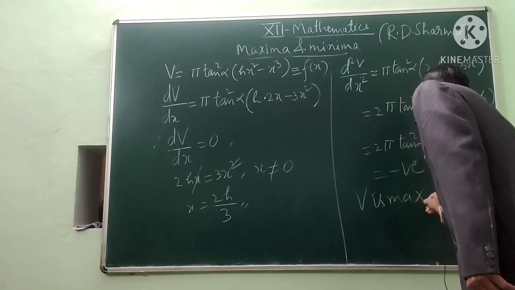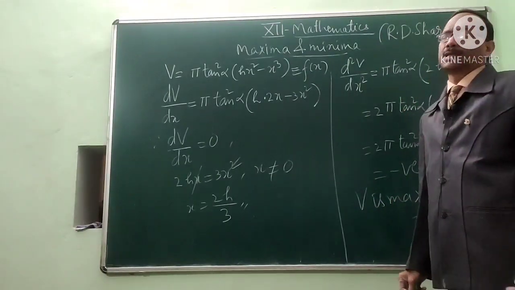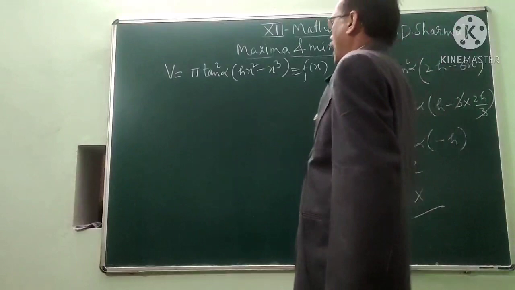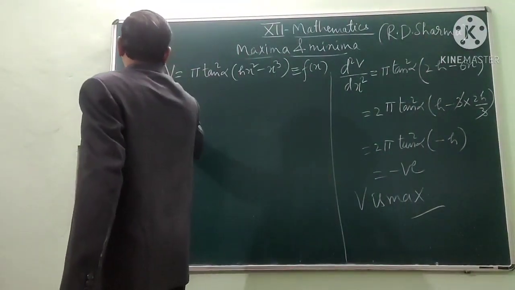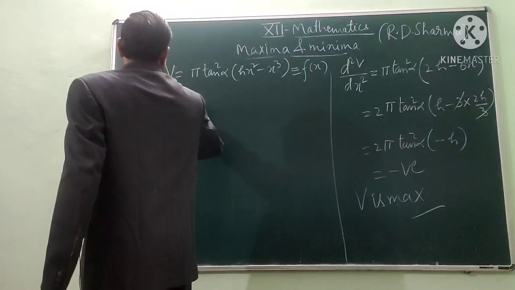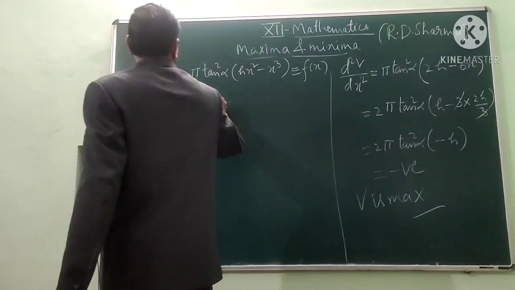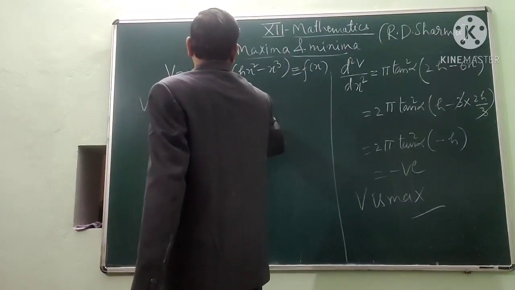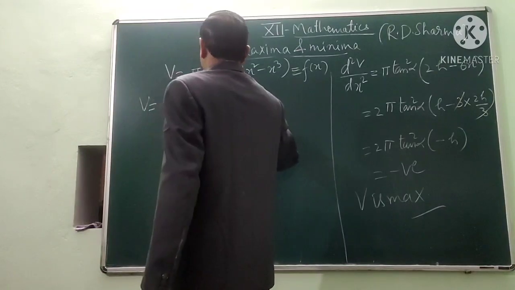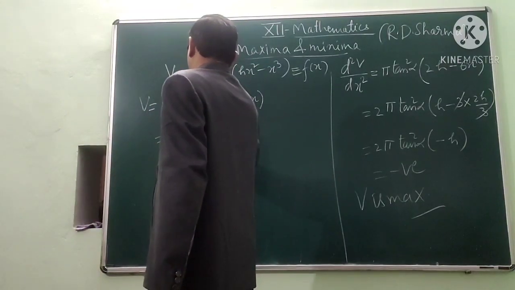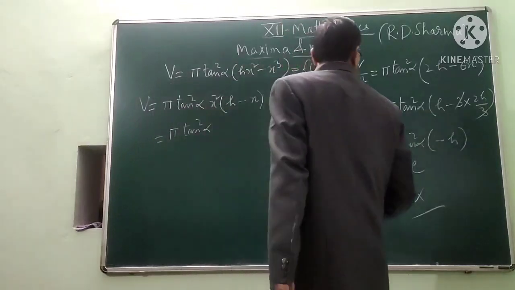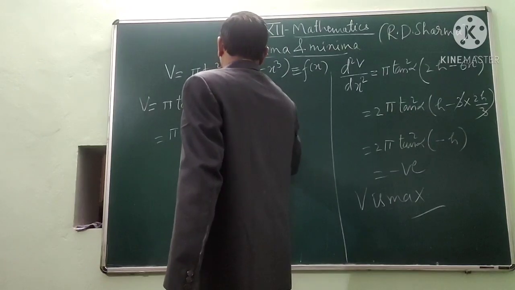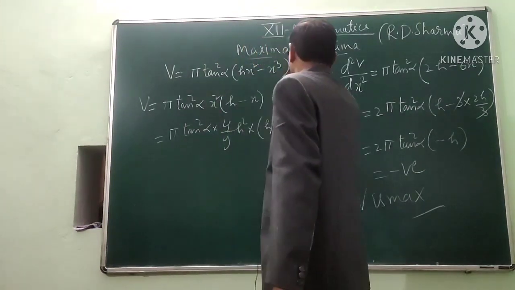Now we will find the maximum volume of the cylinder. The volume of the cylinder is pi tan square alpha, x square common, into h minus x. Value of x is 2h upon 3. So it is 4 upon 9 h square into h minus 2h upon 3.